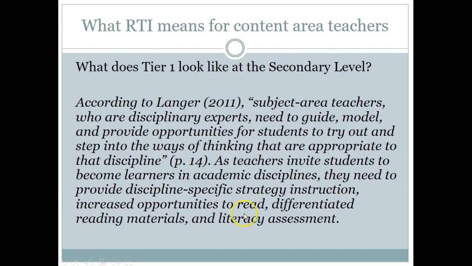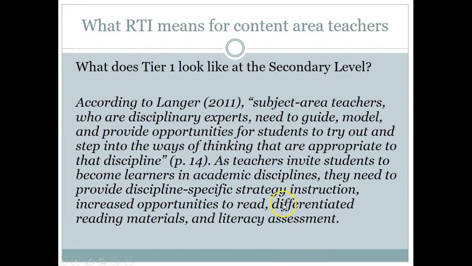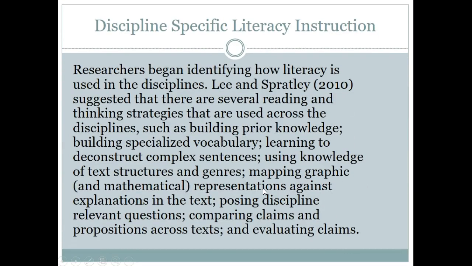They need to also provide increased opportunities to read. Everyone needs to provide as much time with text as possible. If students can't access that text, they need to differentiate the reading materials, and they still should be giving literacy assessment to ensure that students can, in fact, access that text and to what level, and are they applying the discipline-specific strategies needed for that level of text.